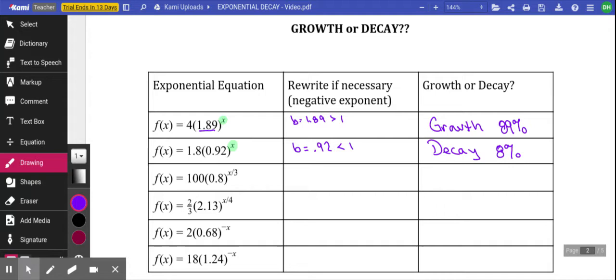In other words, what did you subtract from 1 to get that 0.92? So sometimes, if you're doing scrap work off to the side, you could say we know that b equals 1 minus r, so 0.92 equals 1 minus r. When you solve for r, you're going to get 0.08 and then move the decimal twice to get that 8%.